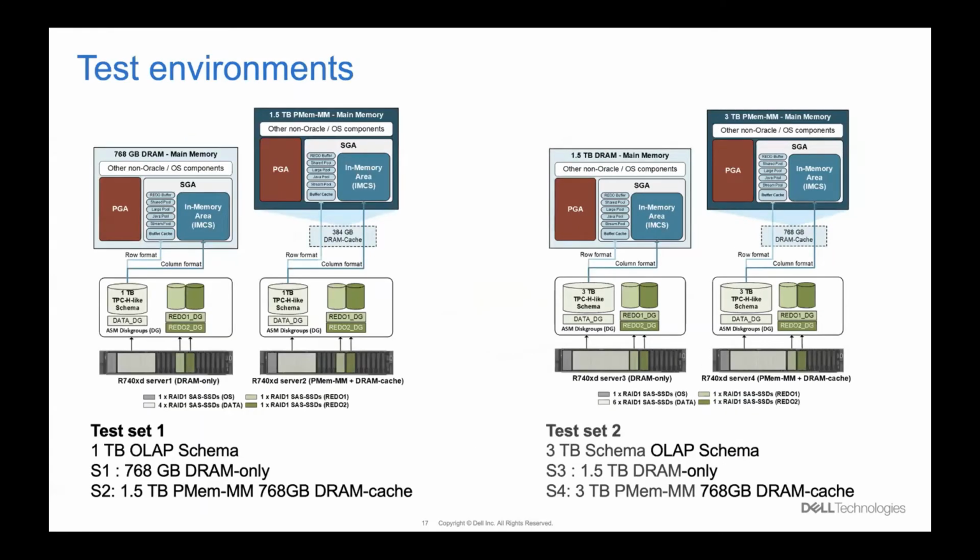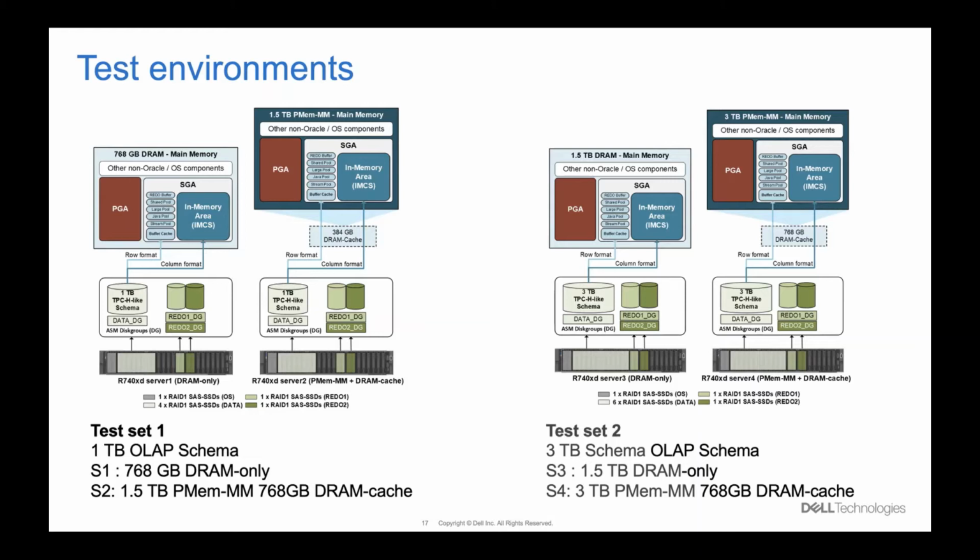So as I said, we did two series of tests, one with a 1 terabyte schema, another with a 3 terabyte schema. And there were two servers in both cases. The first server was DRAM only, and with 1 terabyte, it was 768 gigabytes of DRAM. And the second was a mix of PMem and DRAM.